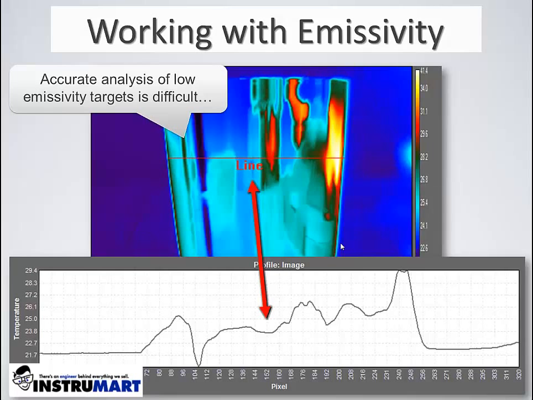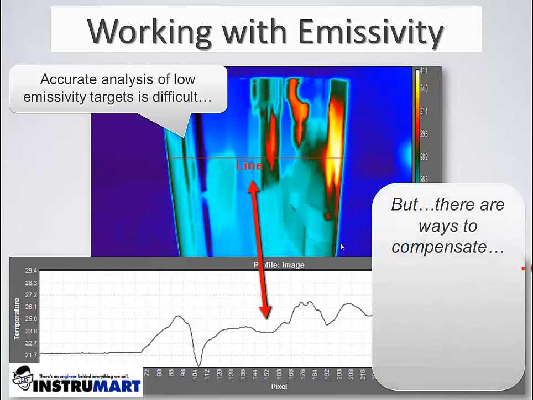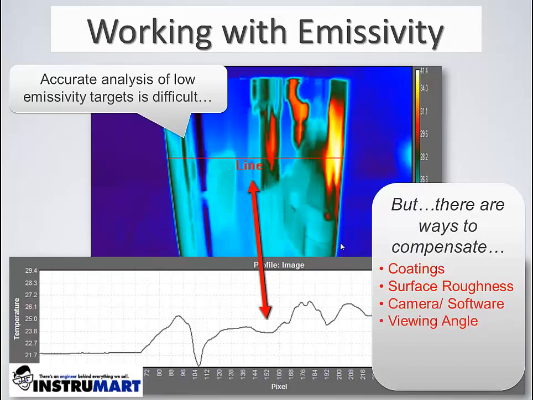The good news is there are ways to compensate for low emissivity on targets. First, anything that can be done to reduce the surface reflectivity, like applying a surface coating or roughening the surface, will improve the measurement accuracy. Second, there are camera and software tools that can be used to mathematically correct for reflected radiation interferences.